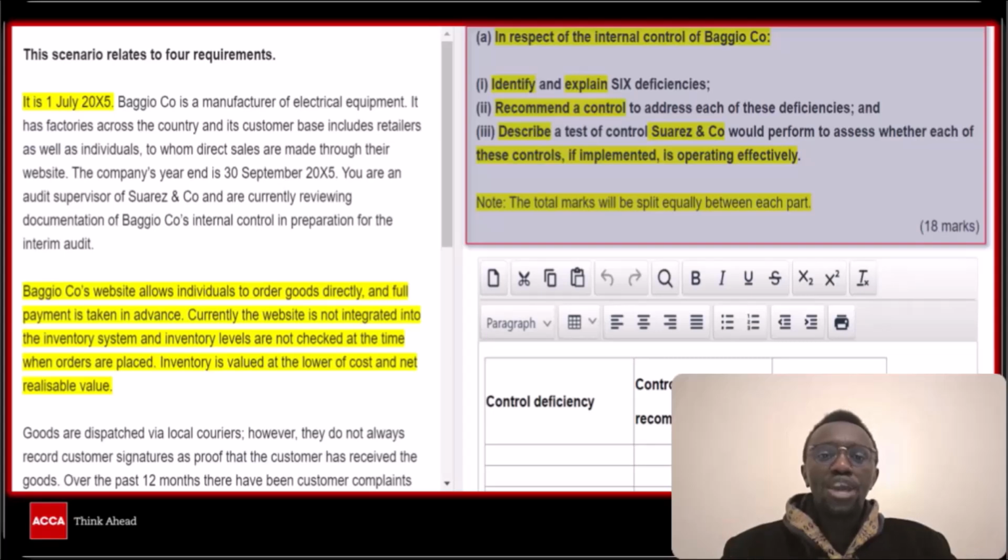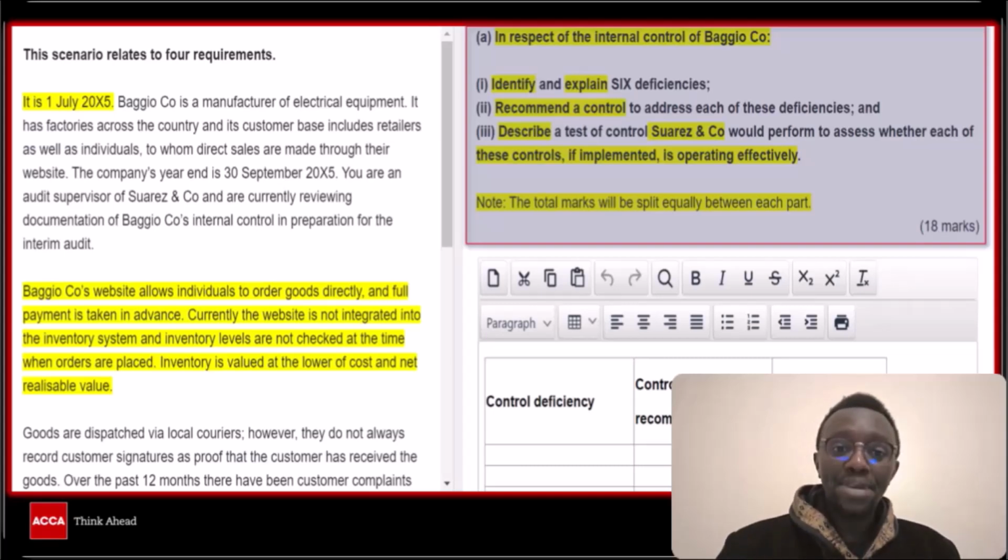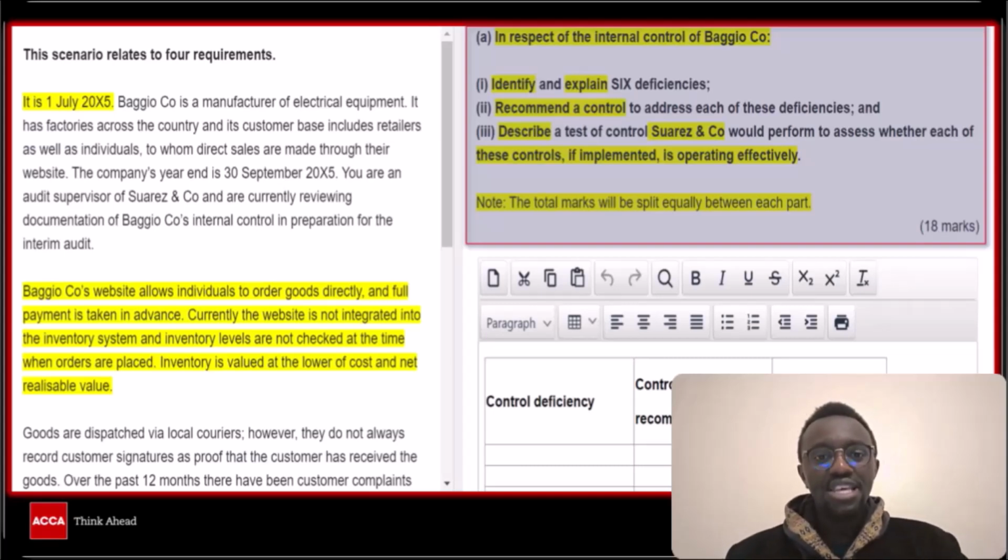Why do you think that's a deficiency? What could that result in? How does that affect the company? And then recommend a control that will address that specific deficiency. So don't just give a recommendation that doesn't touch on anything there. Make it specific. And then the third thing, describe a test of control.